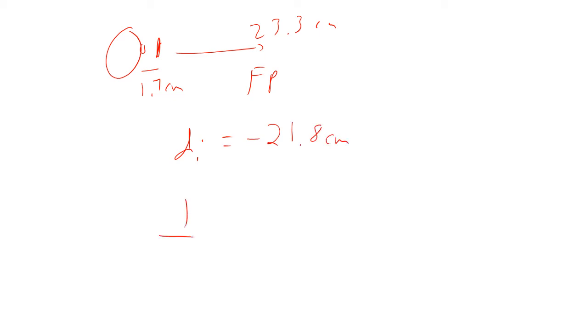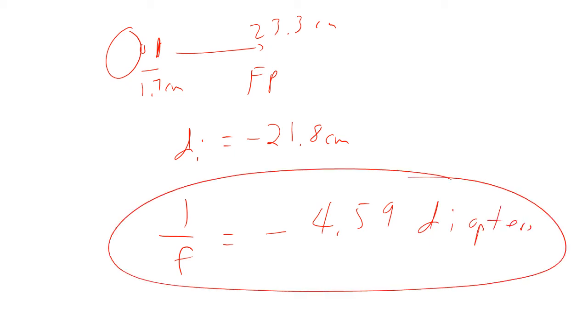In that case, the strength of the lens is minus 4.59 diopters. So in this case, it actually makes a difference whether you're writing a prescription for glasses or contact lenses. So it's going to be different. The stronger the refraction here, the stronger the strength of the lens, the bigger the correction, the more it matters whether you have contacts or glasses.